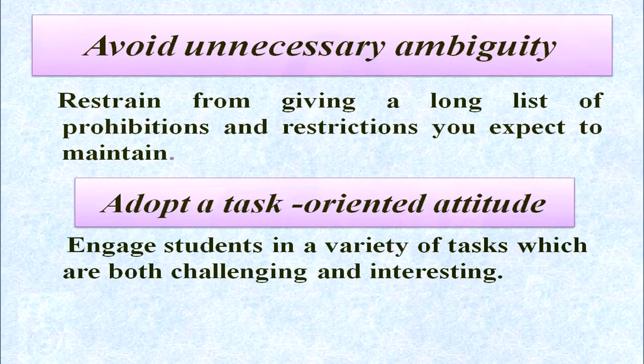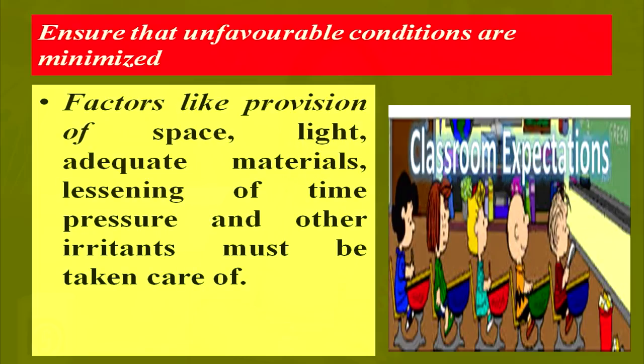Adopt a task-oriented attitude. Engage students in a variety of tasks which are both challenging and interesting to instill discipline among students. Ensure that unfavorable conditions are minimized. Factors like provision of space, light, adequate materials, lessening of time pressure and other irritants must be taken care of to instill discipline.